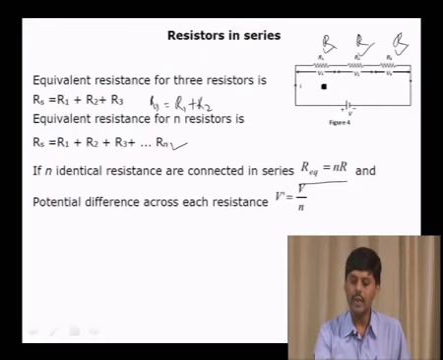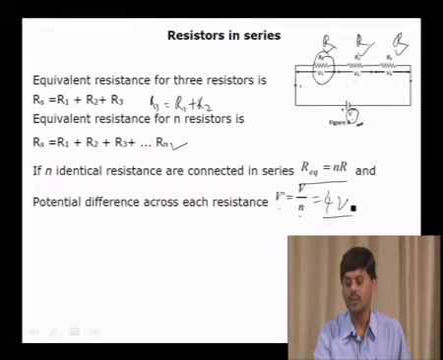Similarly, how are you going to calculate the voltage across each? The total voltage given, the voltage across an individual resistor, V dash, is equal to V divided by n. Suppose you are connecting 3 resistors, the total voltage is 12, 12 divided by 3 gives 4 volts each, meaning voltage is divided equally when equal resistors are connected.